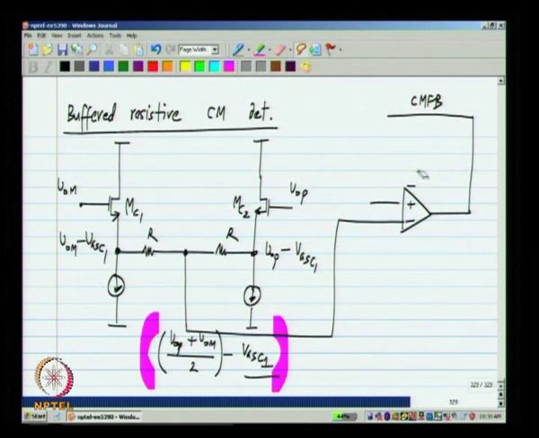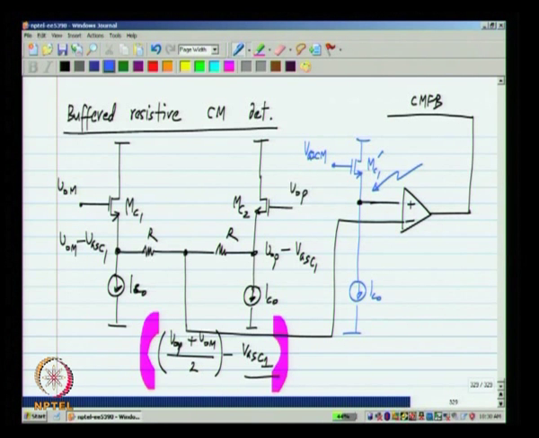That is again very easy. I use a replica of this particular circuit. I will write that here maybe in a different color just to make that clear. So, let me call this MC1 prime and use the same current, let me call this IC 0, these are also IC 0. And I connect it up there, and the gate of this is connected to VOCM.